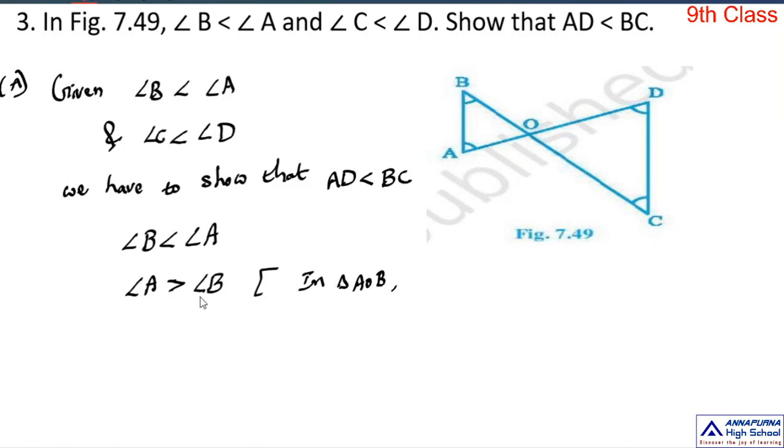Now applying this condition, in triangle AOB, the side opposite to angle A is BO, greater than the side opposite to angle B, which is AO.